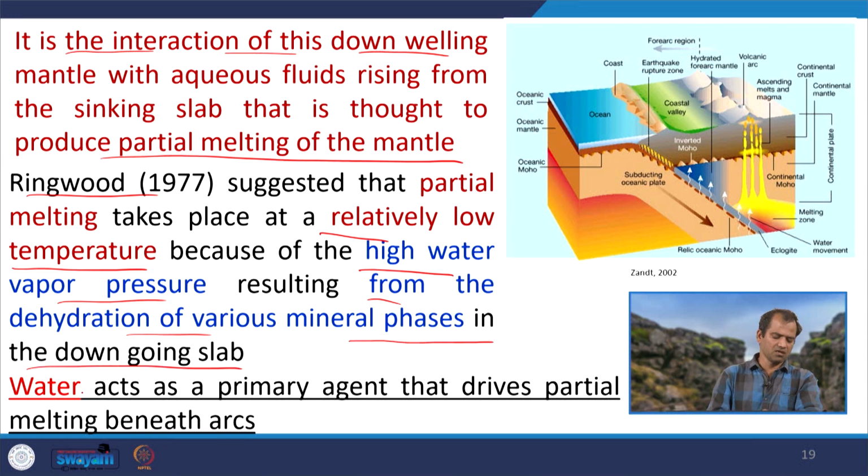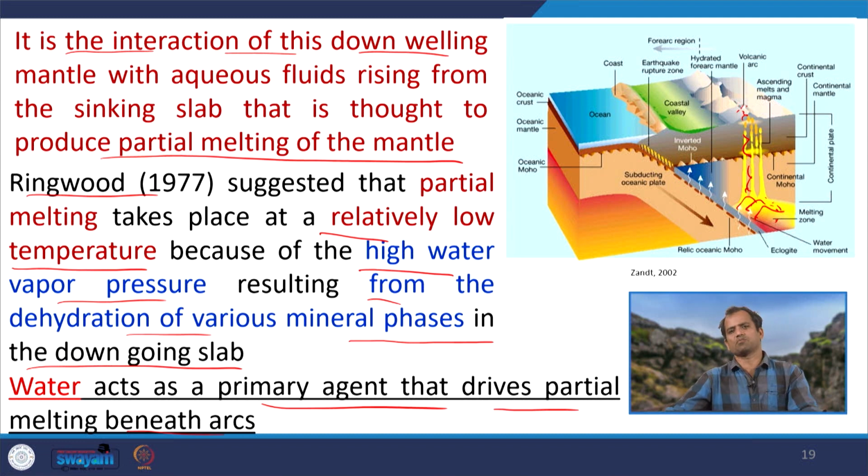So, this water is acting as a primary agent that drives the partial melting beneath the arc. So, once partial melting takes place in the mantle, magma is generated, and here it is forming this volcanic system.